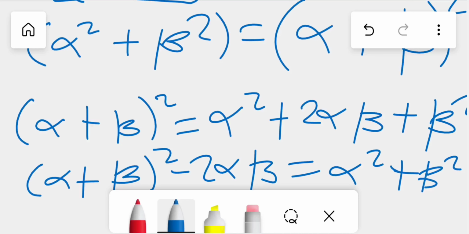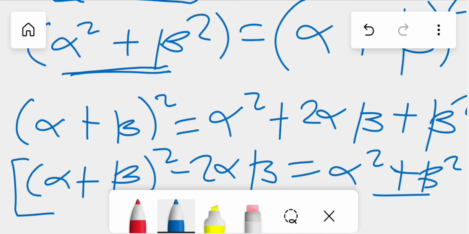This is the identity for alpha squared plus beta squared.